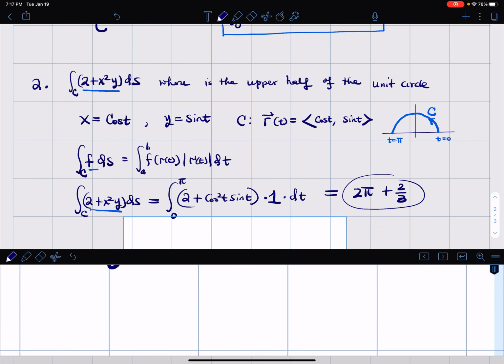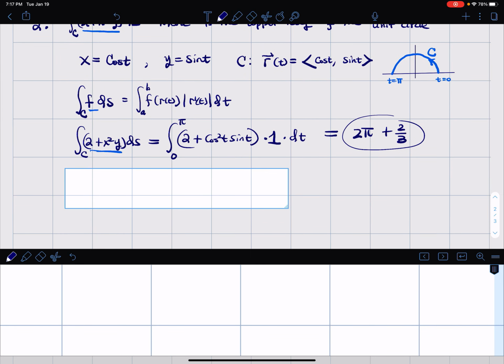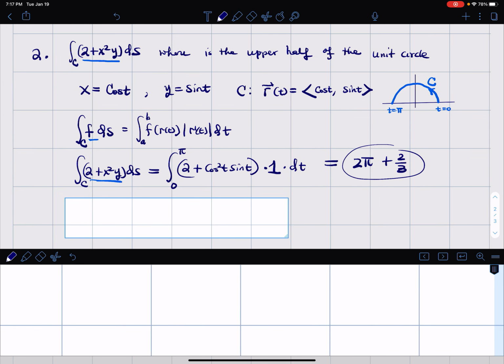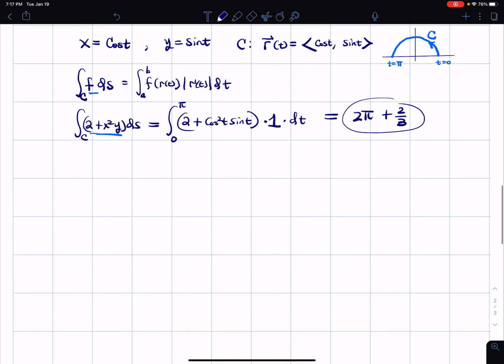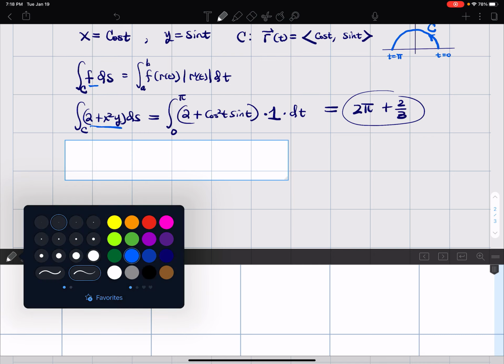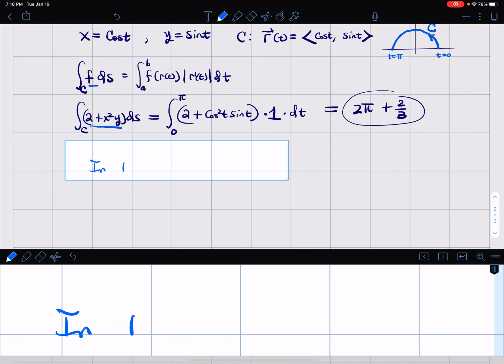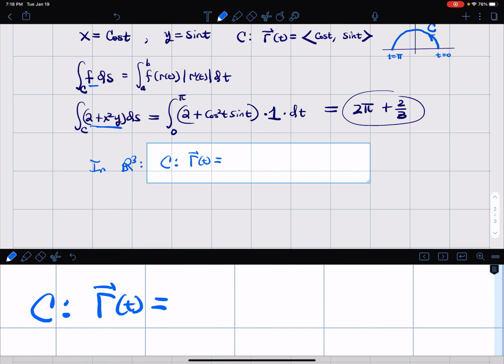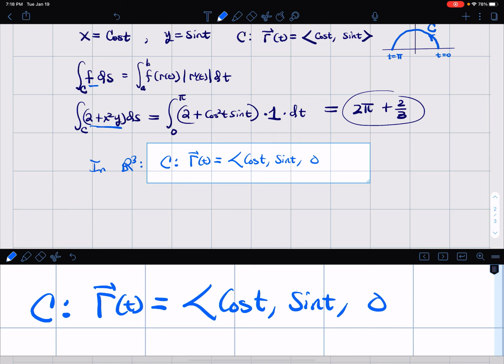You will notice that I did this problem assuming that we are in R2. If you want to do it in R3, just like we did the other one, then you can think about your C this way. If you want to do it in R3, C will now be r of t such that it is cosine of t, sine of t, and 0.